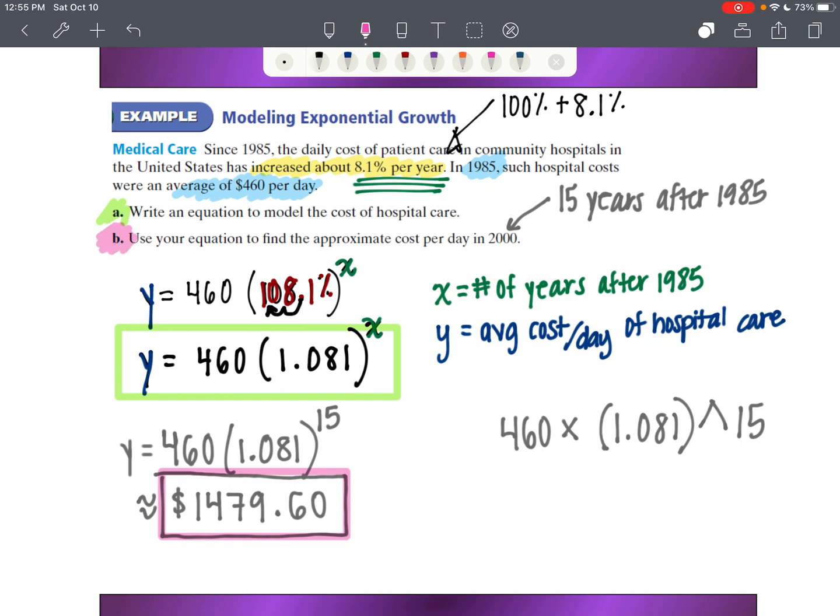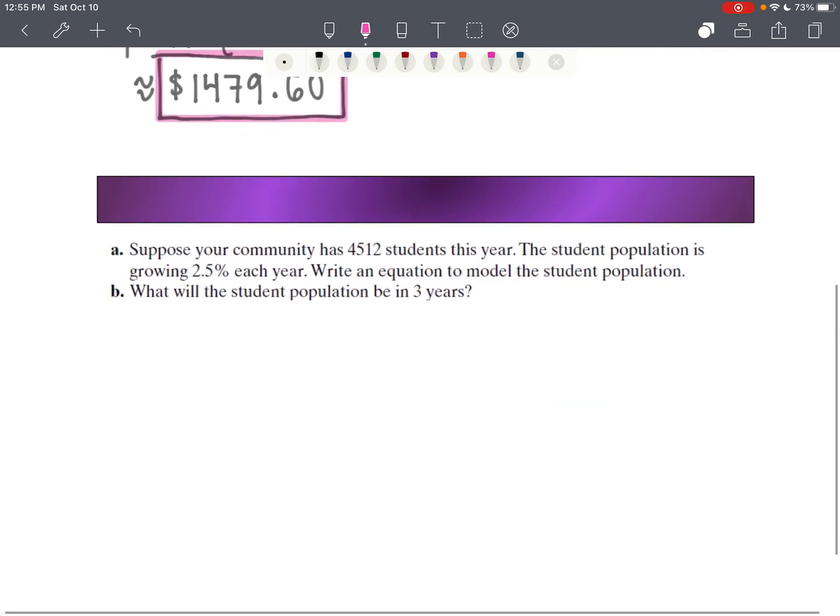And that's our answer to using the equation that we found in A to actually find an average cost per day in the year 2000. So you can see that hospital care has significantly increased from 1985 to the year 2000. It would be very interesting to take this data and look at what's happening in most recent years. That would be very, very helpful to find out.